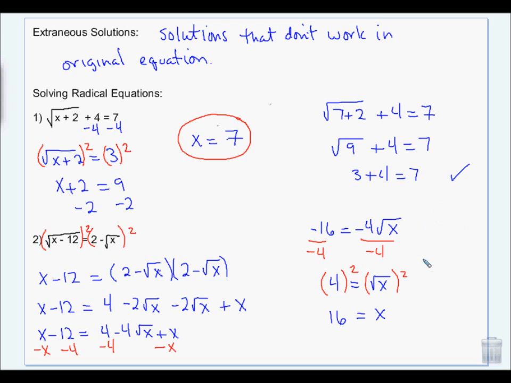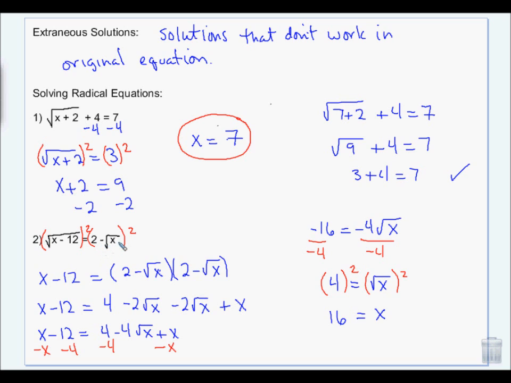Okay, so I want to just double check this and make sure it works. It should, but I just want to check it. So I have 16 minus 12, so that gives me the square root of 4, which is 2. And then I have 2 minus the square root of 16.